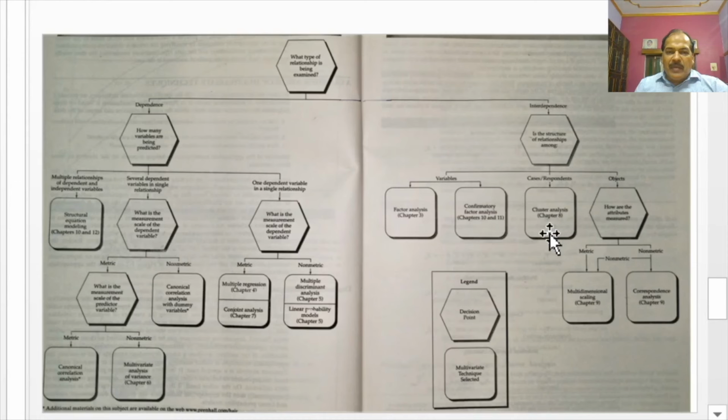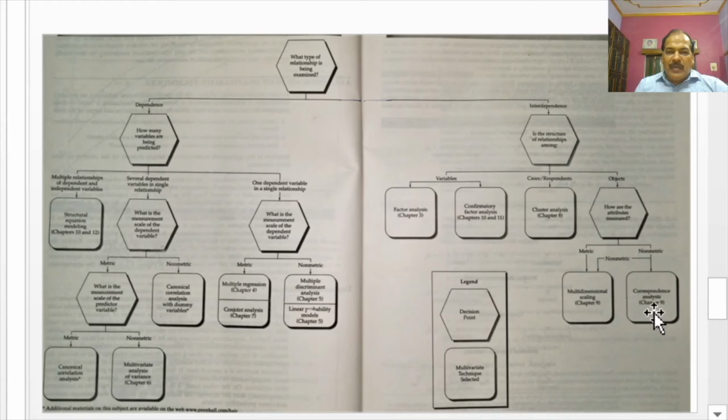And if we are interested in studying the relationship among the objects, we will have to look into how the attributes are measured. Based on that, we can go for metric and non-metric multidimensional scaling, and correspondence scaling.